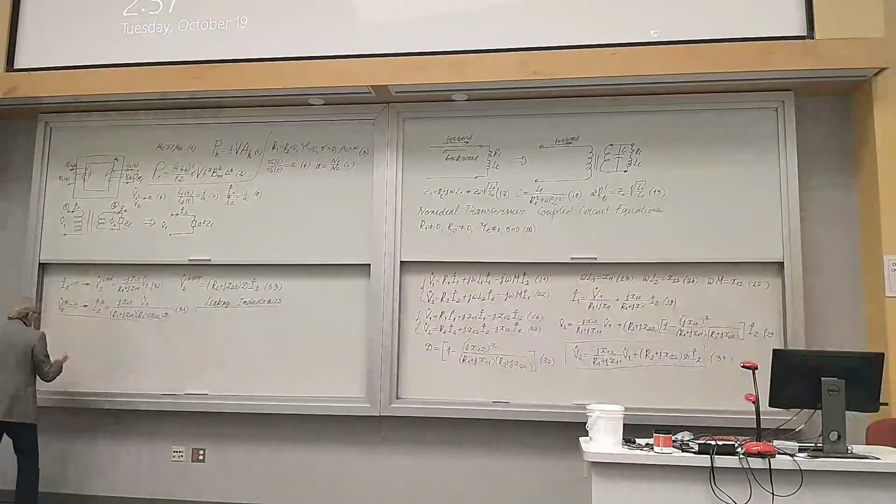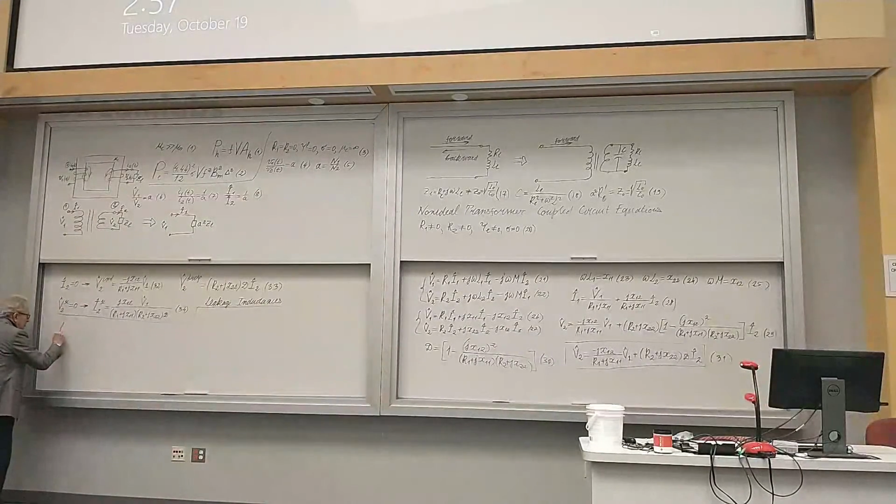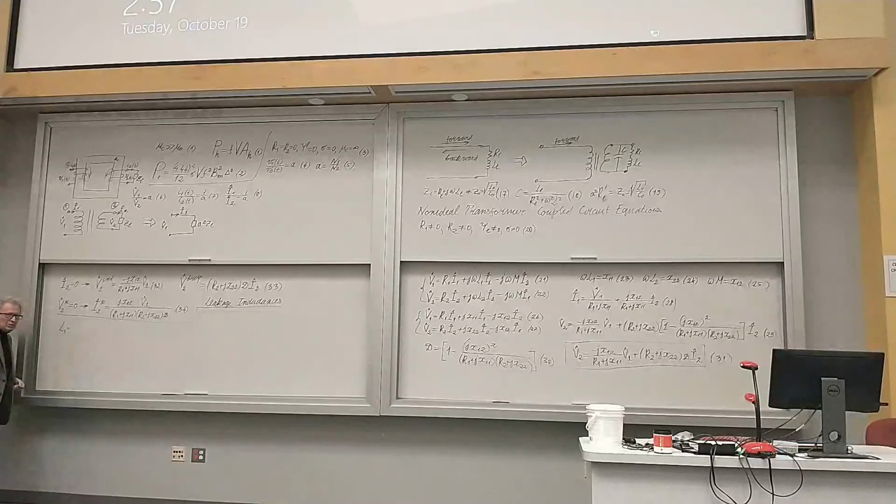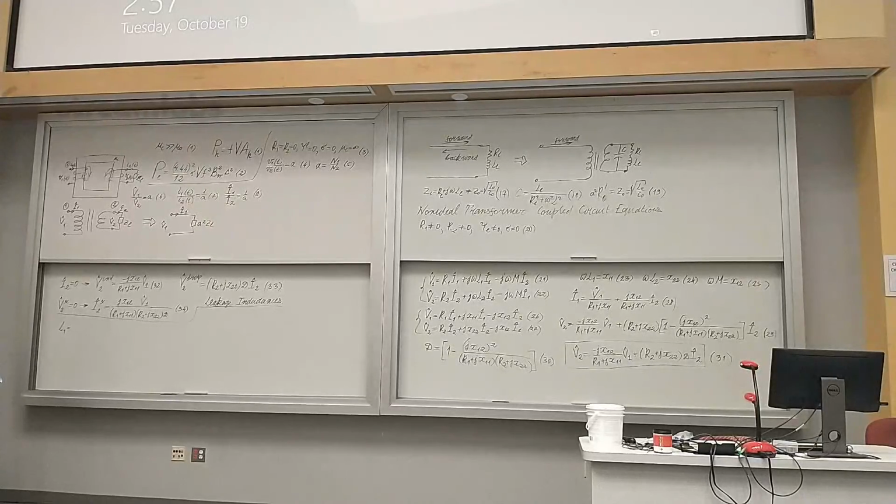So first I will start with the definition of inductance, the primary inductance. So what is the definition of the primary inductance? You will consider the situation when there is only the primary current and the secondary current is equal to 0.